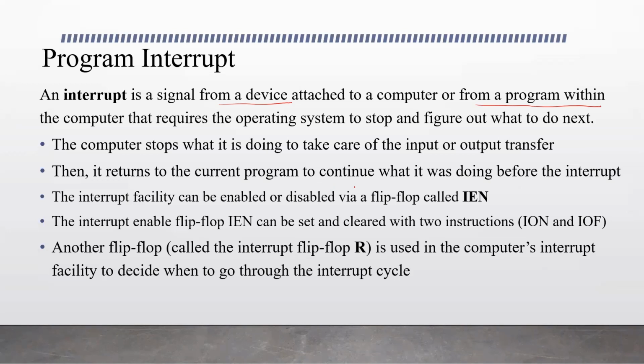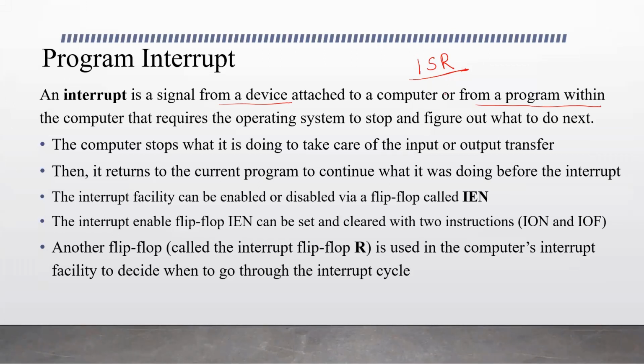It stops the current execution and runs what we call the interrupt service routine, the interrupt cycle. That is the set of instructions that need to be executed when an interrupt occurs, whether it is an internal or external interrupt, as we have discussed.